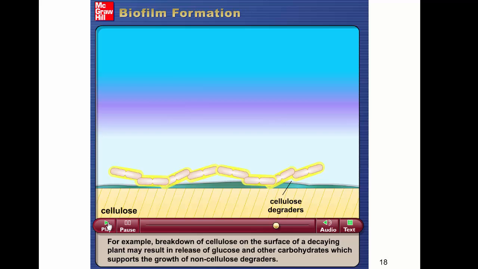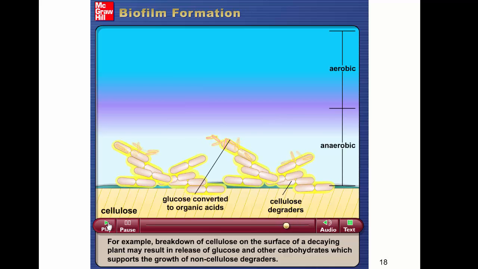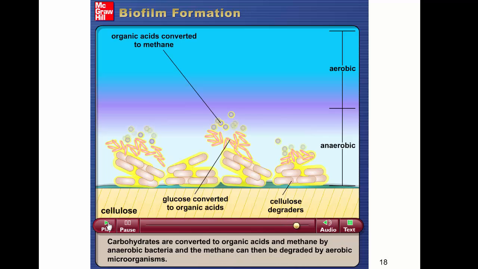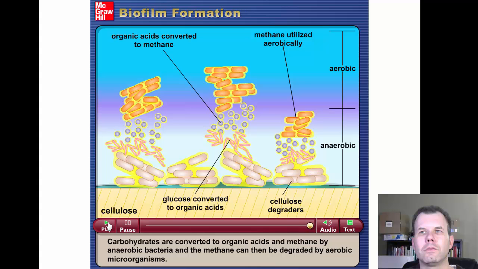For example, breakdown of cellulose on the surface of a decaying plant may result in release of glucose and other carbohydrates, which supports the growth of non-cellulose degraders. Carbohydrates are converted to organic acids and methane by anaerobic bacteria, and the methane can then be degraded by aerobic microorganisms.